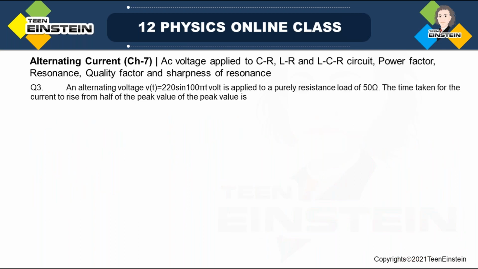Question number 3. Now in this question, it said that an alternating voltage is applied to a purely resistive circuit of 50 ohm.